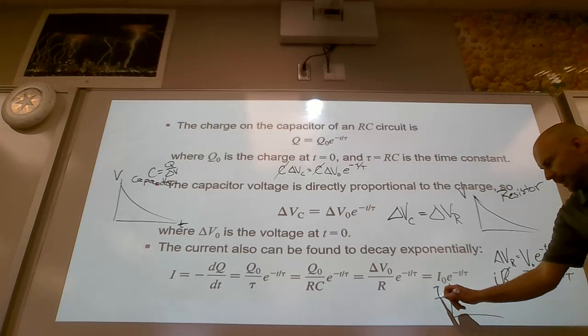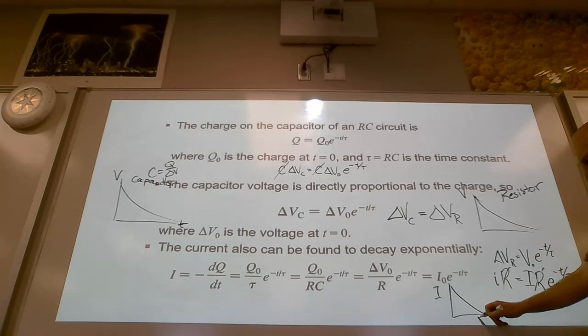Again, it has the same shape, asymptote at 0. So when discharging, all your variables are going to have this format of a graph and this format for the equations.